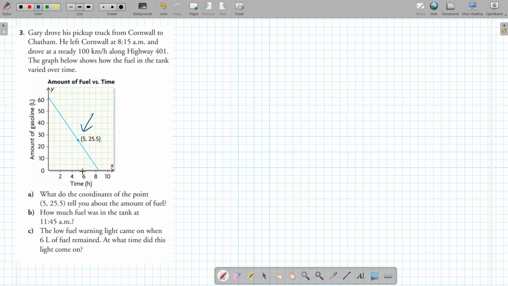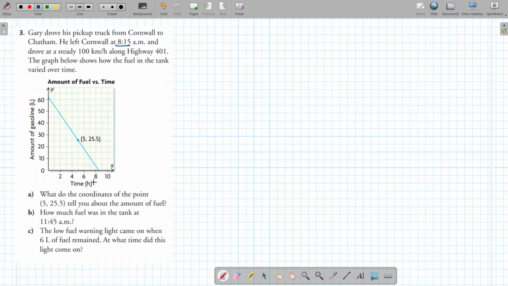I don't think we have to be super precise because they've given us a graph. And we don't know what the y-intercept is anyways. So question B, how much fuel was left in the tank at 11:45? So we're looking for the y value when the x value is something. Remember, he left at 8:15.